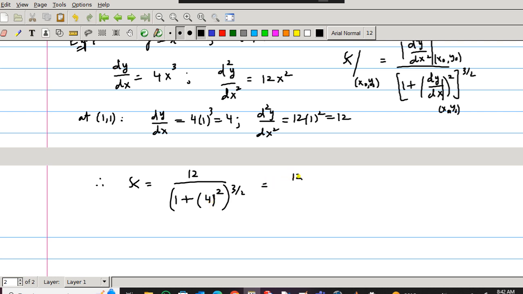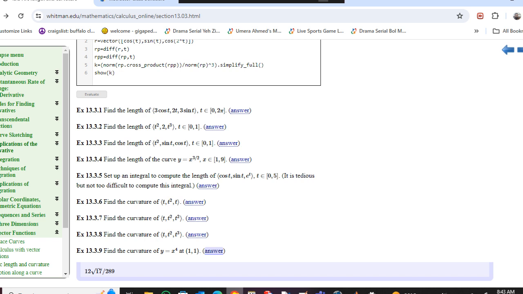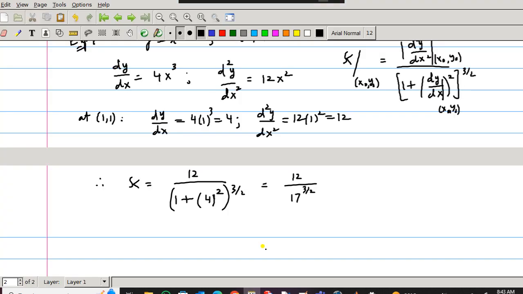So now if I simplify, it is 4 square, 16, plus 1, 17, power 3 by 2. So they wrote 12 square root of 17 over 289. 289 is 17 square, right? So this is 17 power 3 by 2.